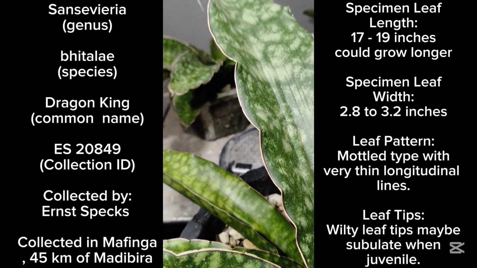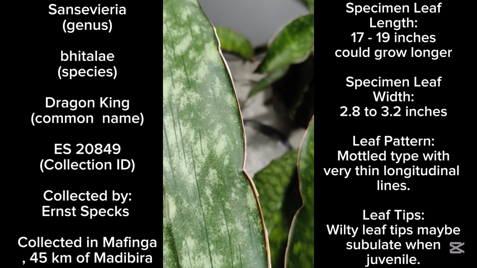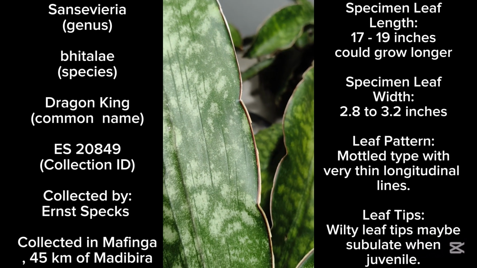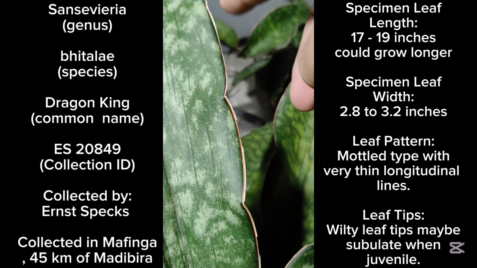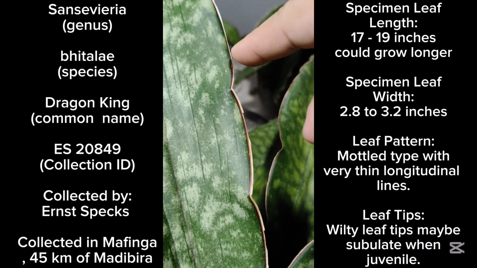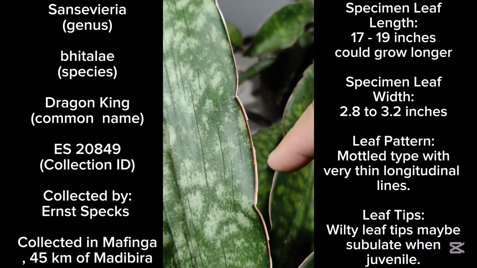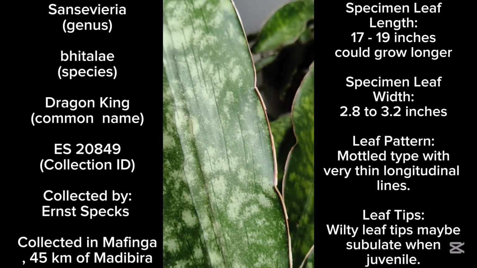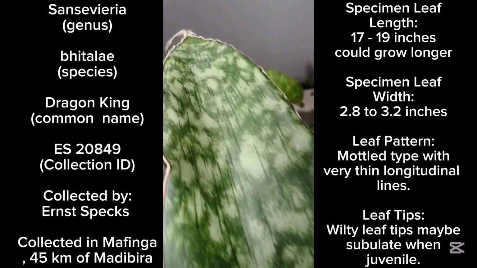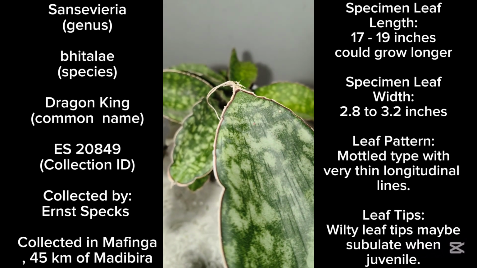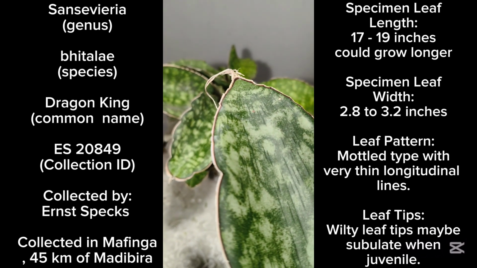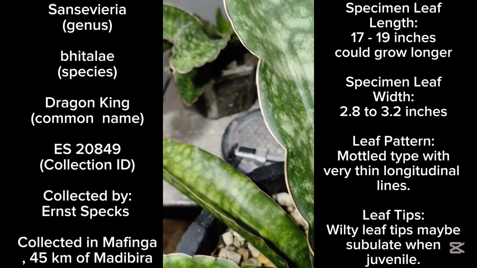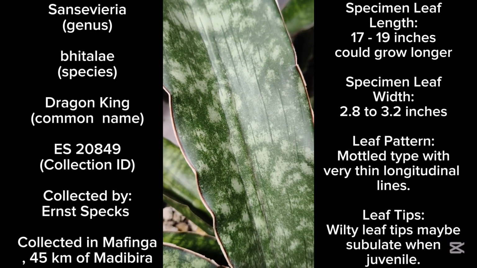So aside from that, we can add that the leaf edge of Dragon King, I would say it is a wilty edging, and then you see that there is dark brown or reddish coloration as an outline for the edge. And then the tips of Dragon King are wilty tips. They only have tube-like tips when they are very young.